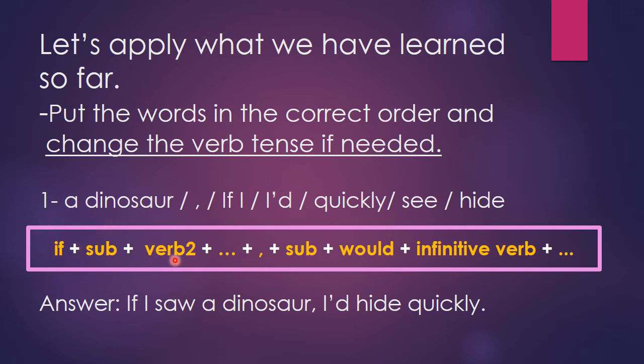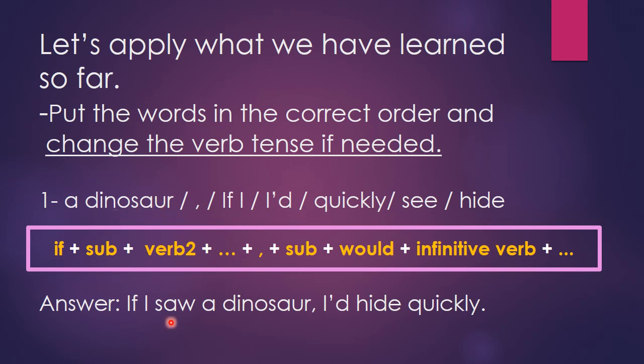At first I have if, so I put if, and the subject, so if I. Then I have to put verb 2, so I look for verbs. I have see, but see is verb 1, so I have to change it to verb 2, which is saw. If I saw, then I need an object, which is a dinosaur. A is an article and a dinosaur is an object.